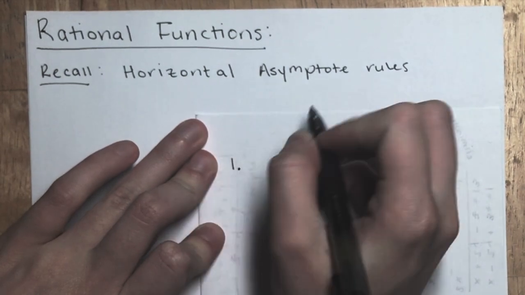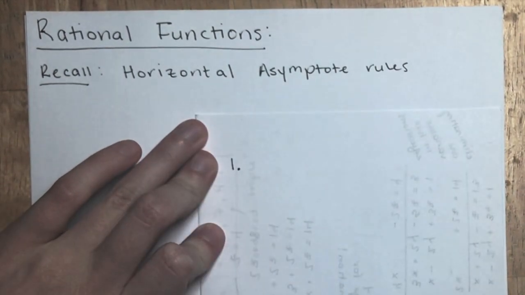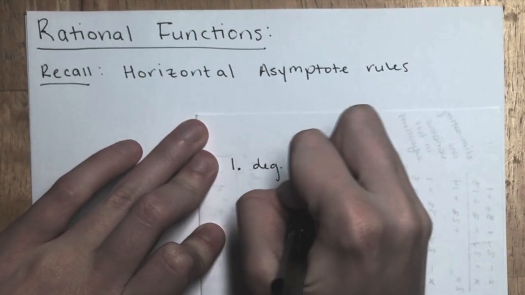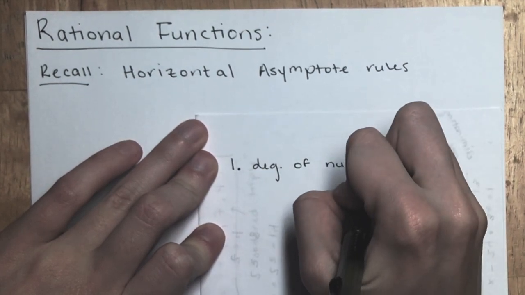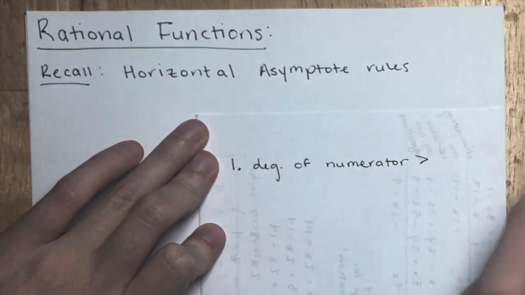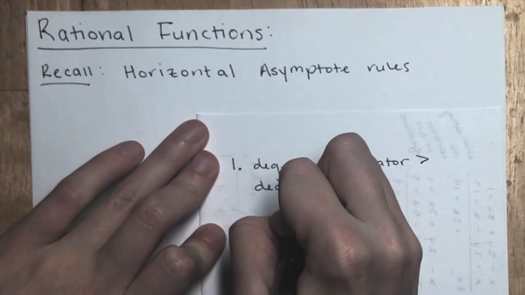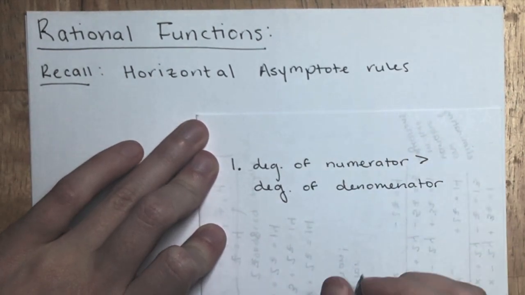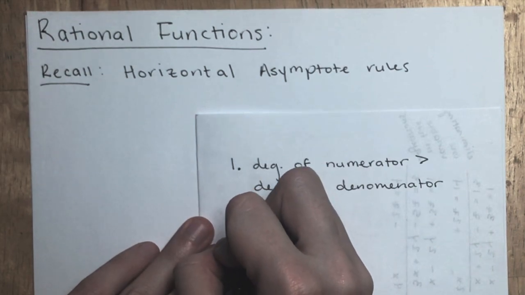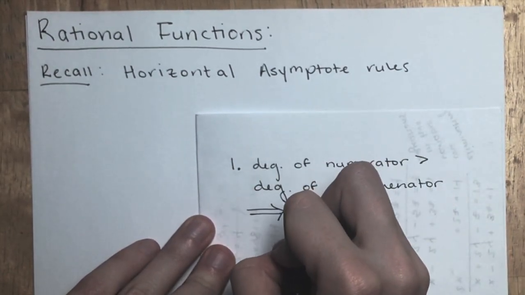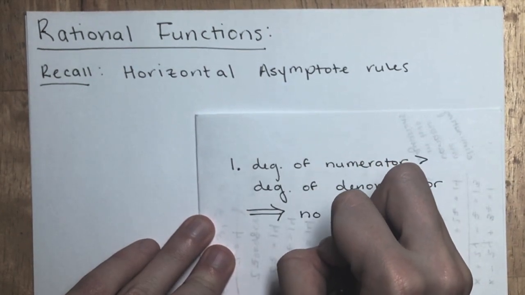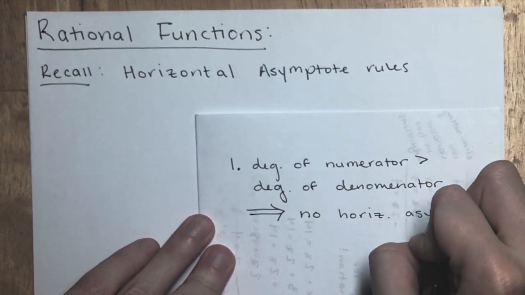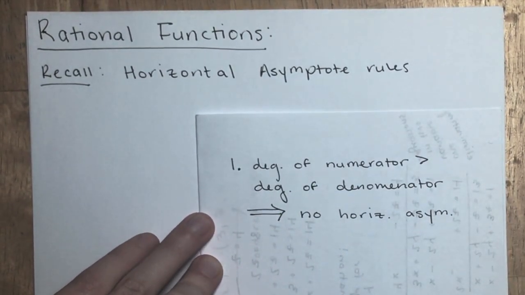The first one was if the degree of the numerator was greater than the degree of the denominator, then we had no horizontal asymptote. That was the first one.